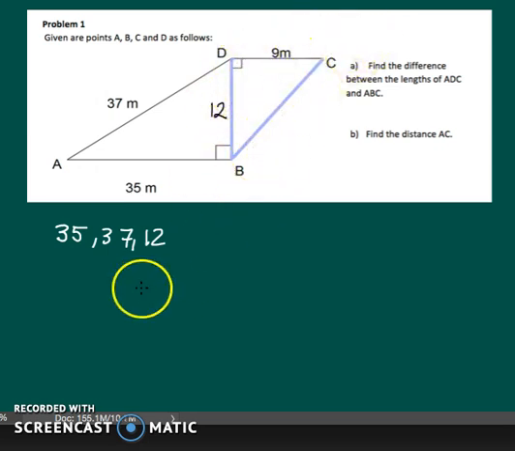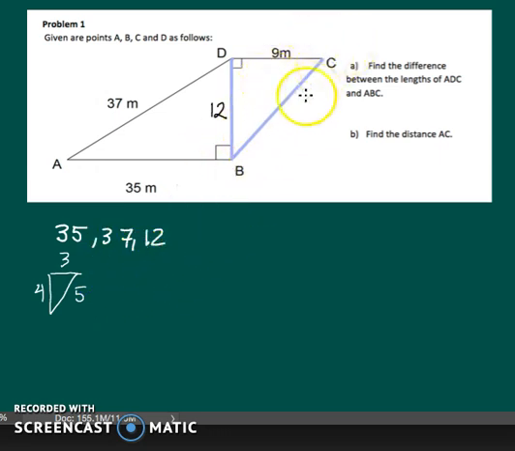What about this length here? So I have one length that's 9 and another length that's 12. That doesn't sound familiar. However, if I scale this down to a similar triangle that is smaller, by a scale of 3, I can see here that 9 divided by 3 is 3, 12 divided by 3 is 4, and now it does look like a Pythagorean triple, 3, 4, and 5.